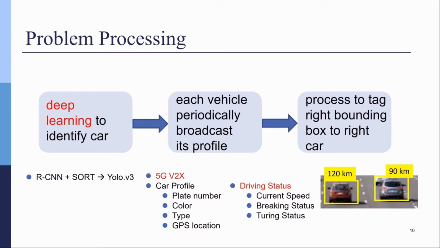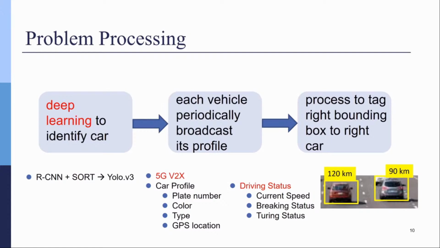The processing procedure of our method is described as follows. First, a deep learning algorithm keeps running to identify and track cars from the input video stream. In our implementation, at that time, we use YOLO v3 for real-time detection and tracking. At the same time, each vehicle periodically broadcasts its profile and driving status via V2X communications.